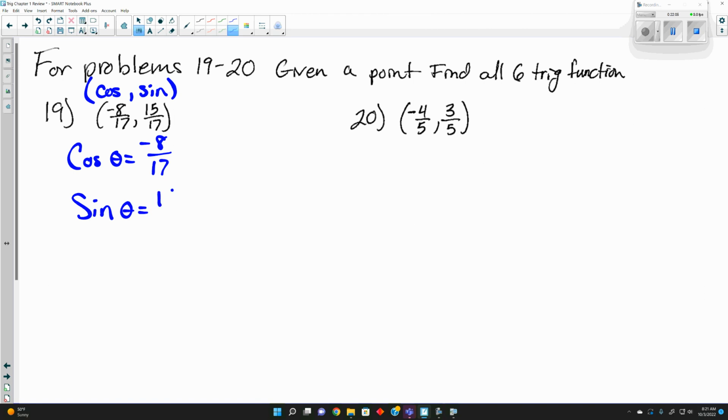Sine of theta is 15 over 17. Because we could have set a triangle up. Because negative x, positive y is going to be here. And we're going to be at this point, negative 8 over 17, comma 15 over 17.